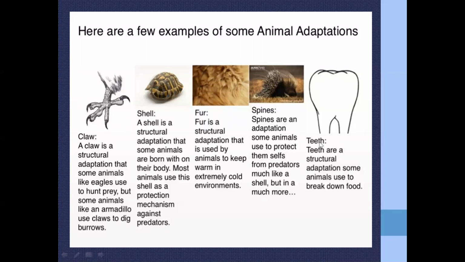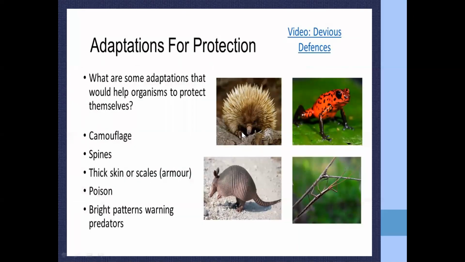So the type of teeth is a very important structural adaptation which helps some animals to break down food. Got it, students? So claw, shell, fur, spines, teeth, these are some general, or you can say common, adaptations in animals. Okay, so now we will talk about the next part.